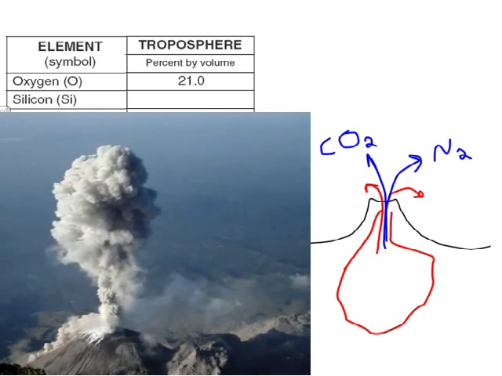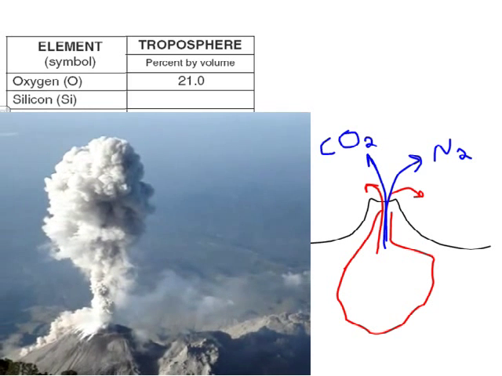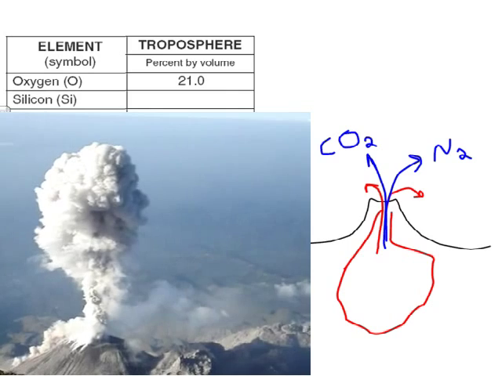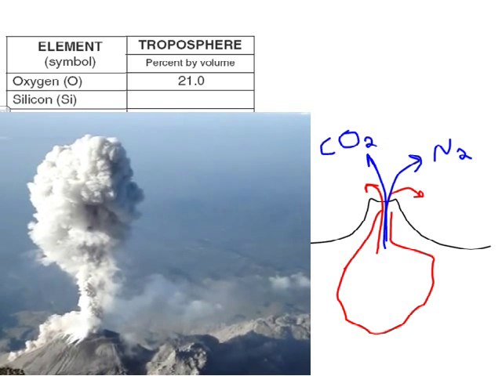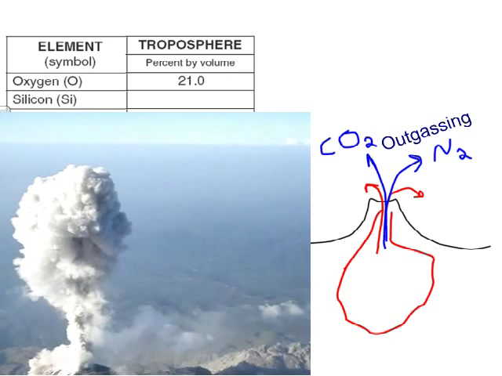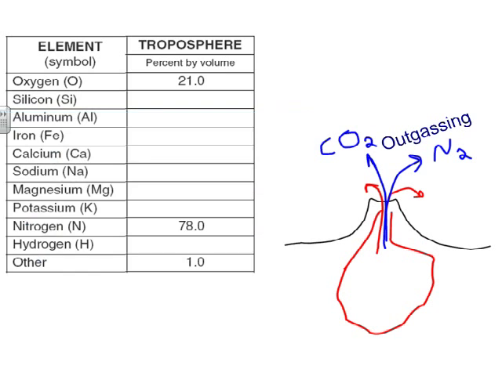So these gases were ejected into the Earth's atmosphere to form the early atmosphere of the Earth. There was a lot of carbon dioxide, there was a lot of nitrogen in the early atmosphere. This is known as outgassing. The early atmosphere was made up of a lot of carbon dioxide and nitrogen, and that was caused by outgassing from a great deal of volcanic activity.